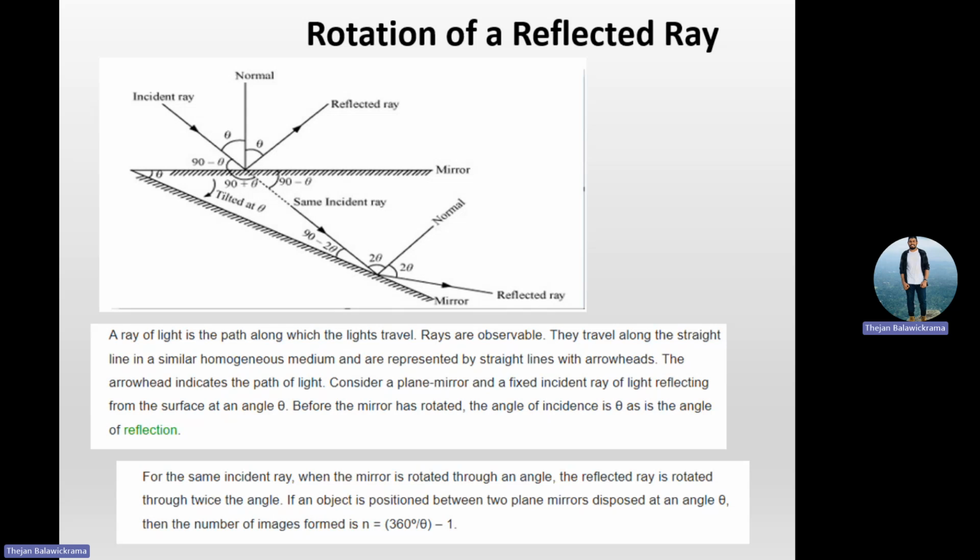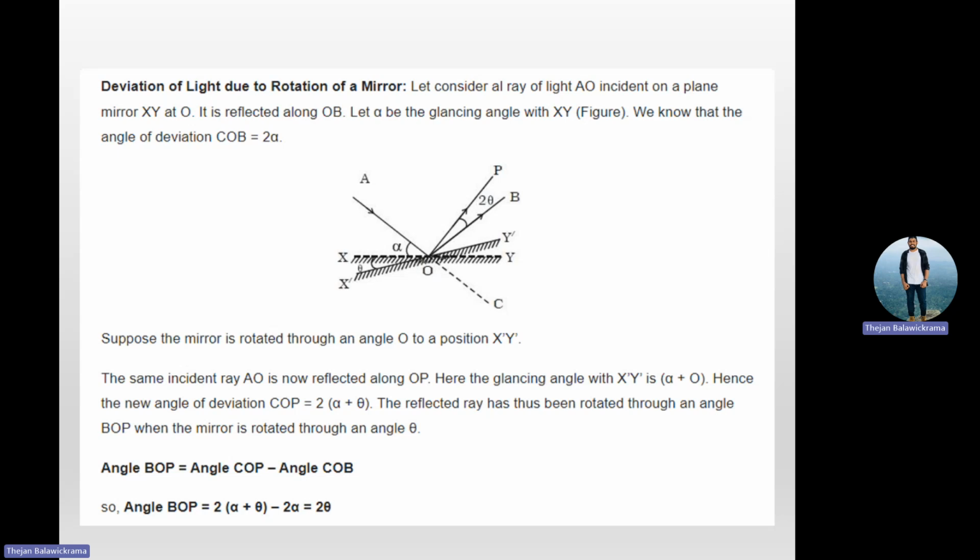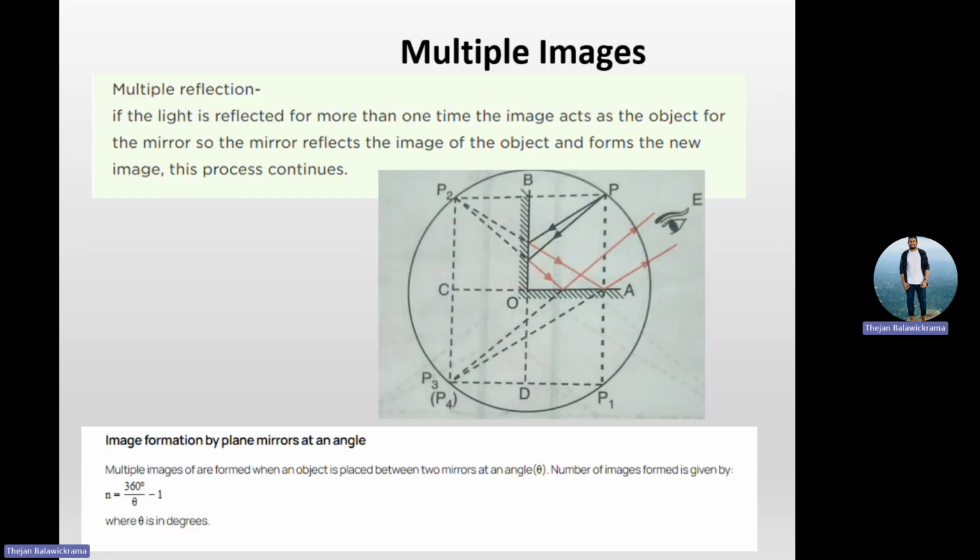That is how many images are formed according to the angle. Normally the number of images is 360 divided by theta minus 1. We have shown this by drawing.